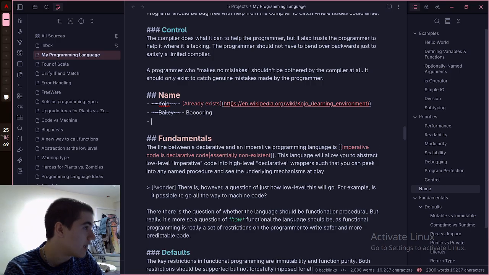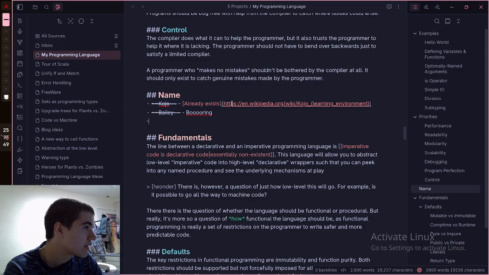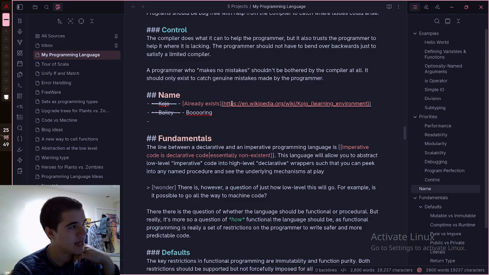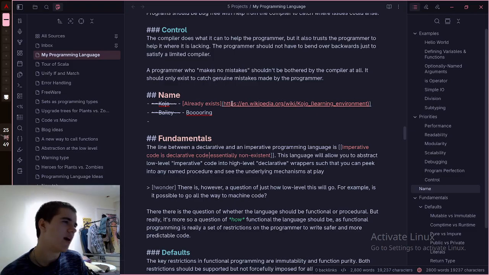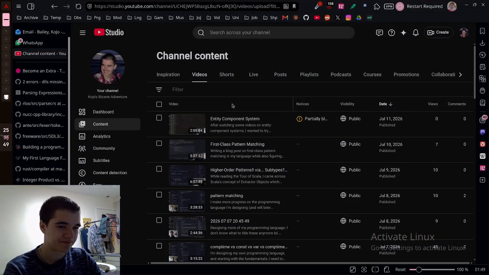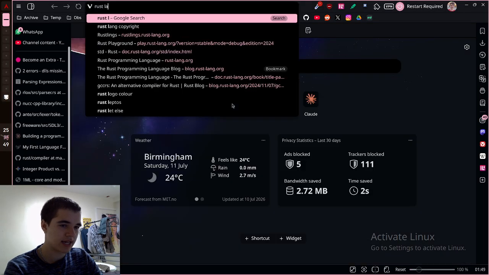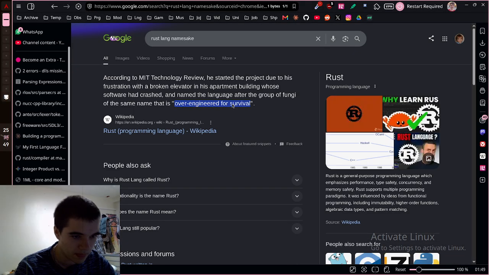Boring. So there's Haskell, C++, nothing C related. Rust, Lang, namesake. He's associated with a broken elevator in his apartment building. His software had crashed. Name the language after the group of fungi of the same name that is over-engineered for survival.